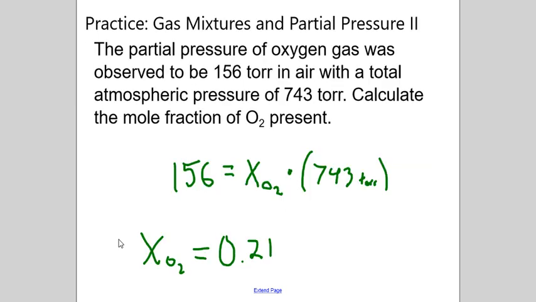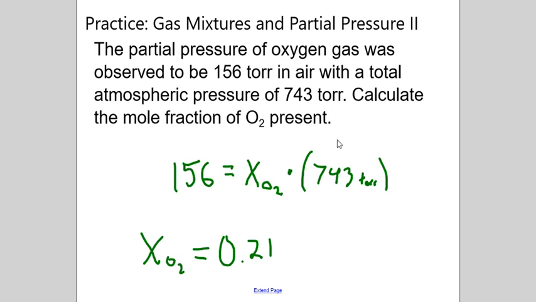This particular problem, now we have mole ratios. It is asking us to find the mole fraction of O2 present in this whole system. We know that the partial pressure of oxygen is 1.56, and we know the total atmospheric pressure is 743 torr.